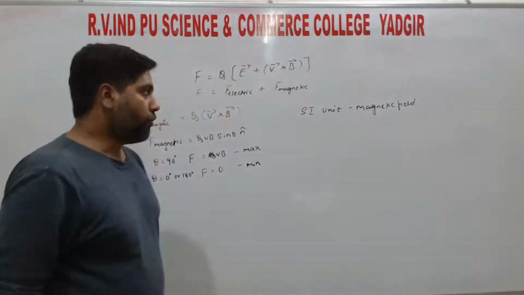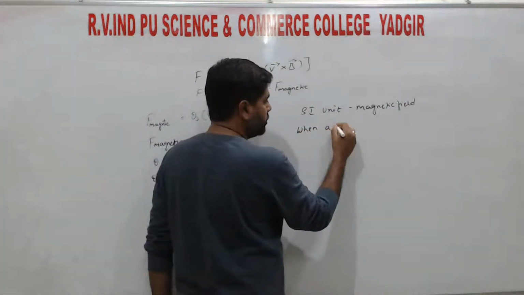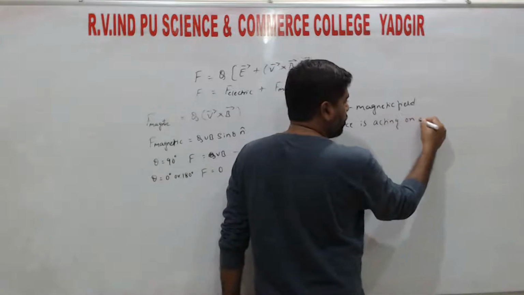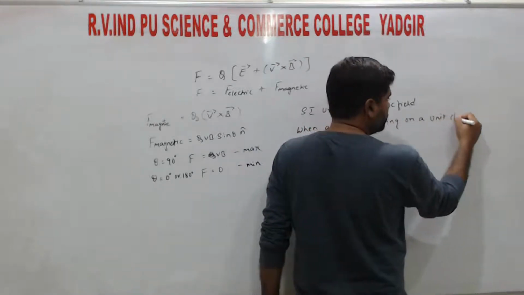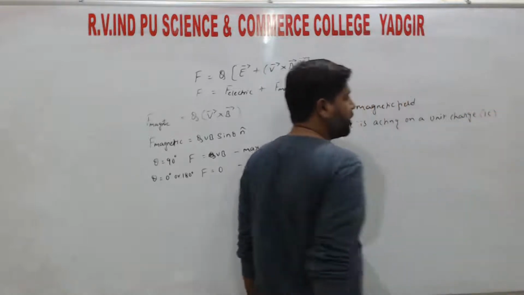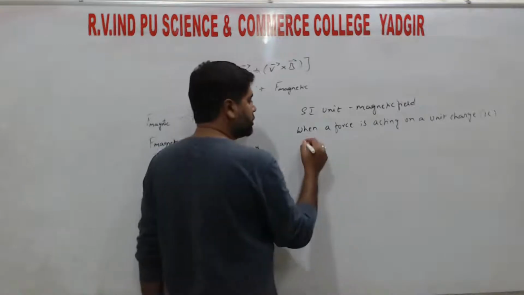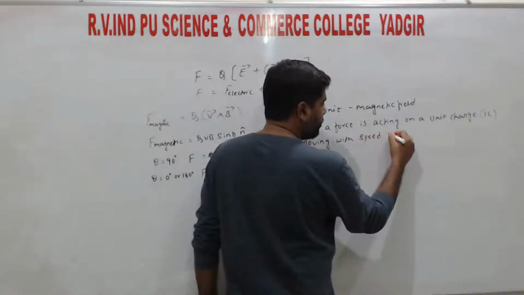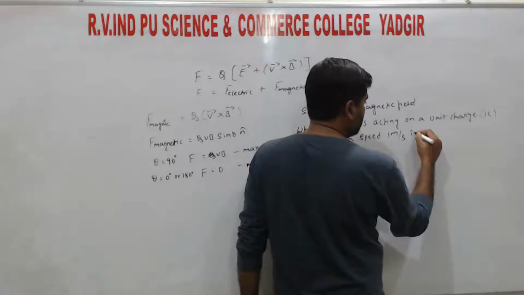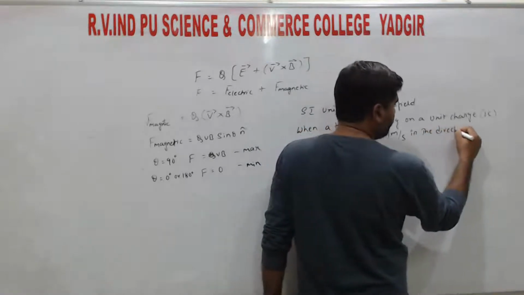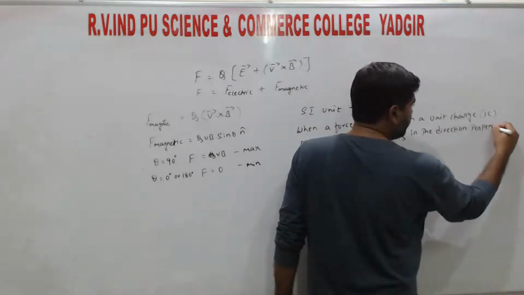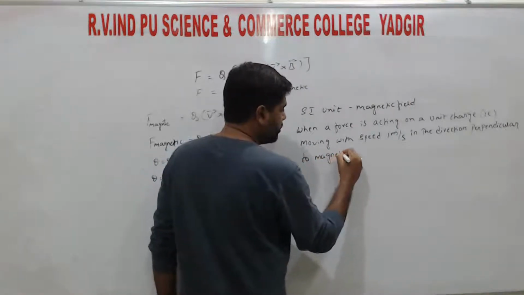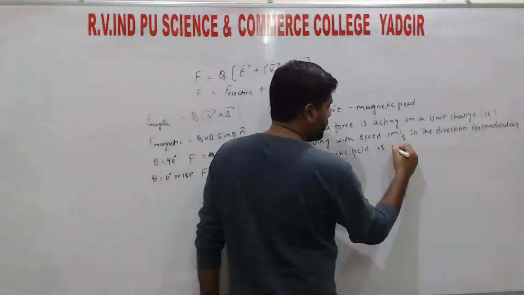When a force is acting on a unit charge, that means the charge value is 1 coulomb, moving with a speed of 1 meter per second in the direction perpendicular to the magnetic field, the force is 1 Newton, right?